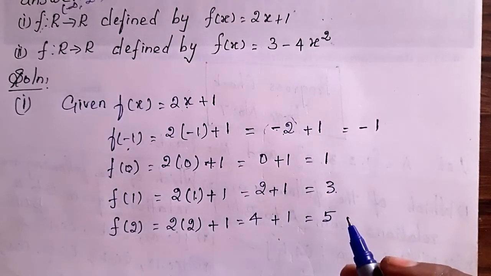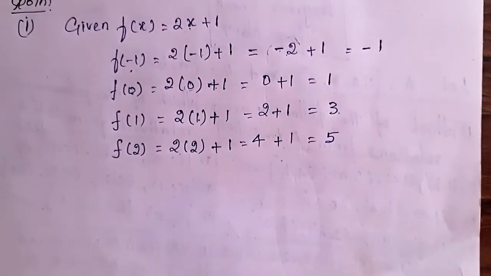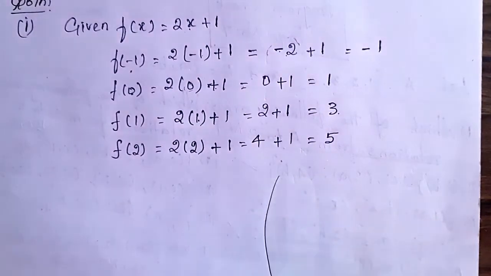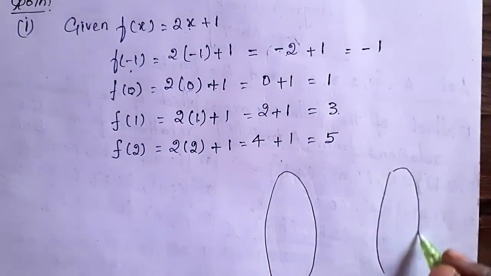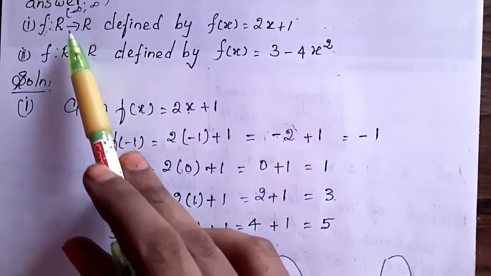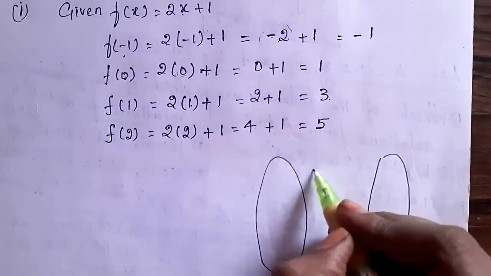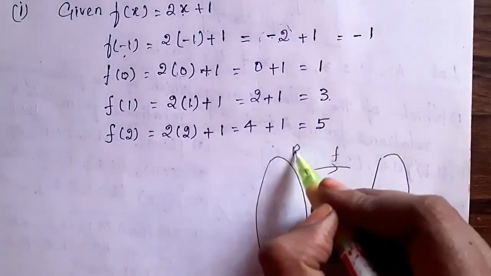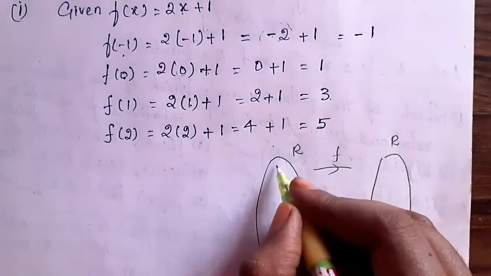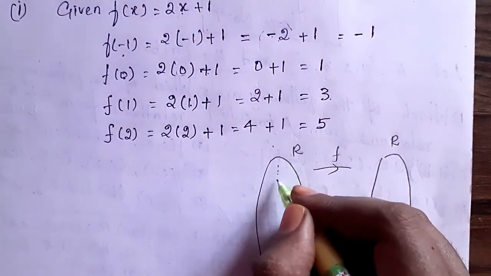Now we are going to plot this in an arrow diagram. So when you draw the arrow diagram, it is R to R. Our function is R to R. So f from R to R. So definitely negative values will come.